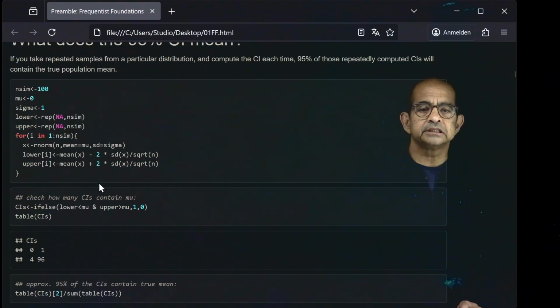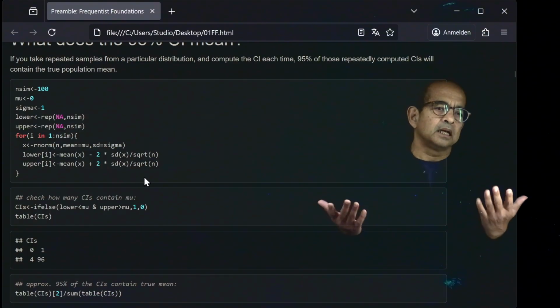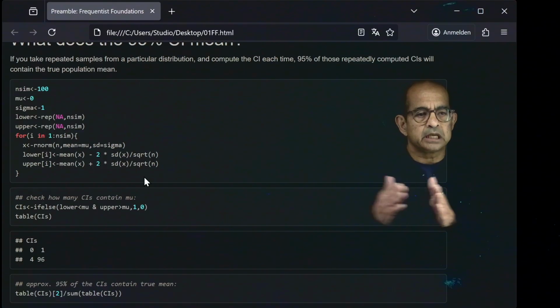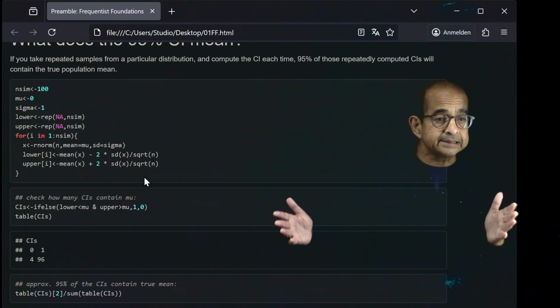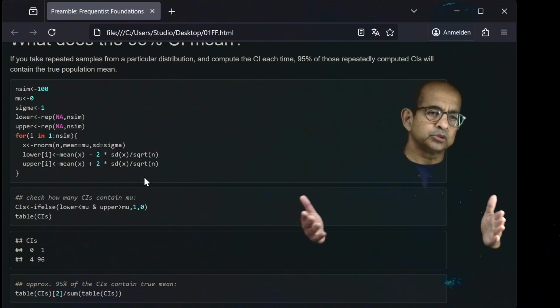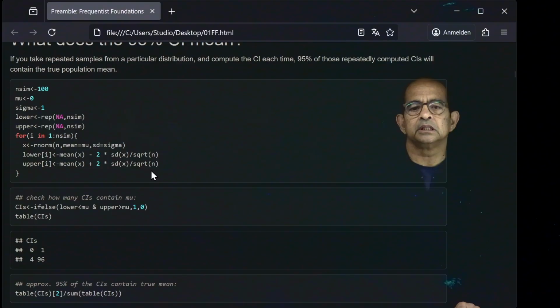So notice here that I'm using the sample mean plus minus 2 times the standard error. Earlier I had said that 95% of the area under the curve would be covered by plus minus 1.96 times the standard error. That's technically true, but I just used 2 as an approximate value here, so it's not going to change things very much.